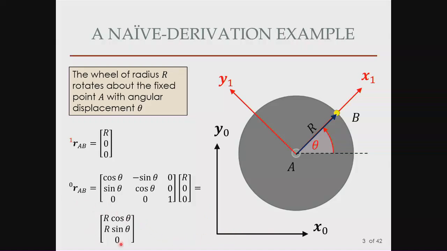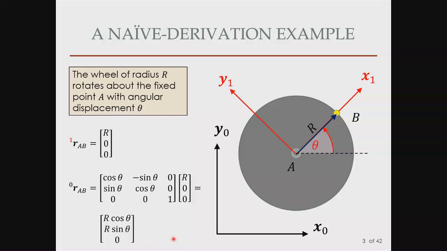So if I take the derivative, as you know, for this vector r_AB in frame 0, the first component would be minus R sine theta times theta dot, according to the chain rule. The second component would be R cosine theta times theta dot, and then 0.